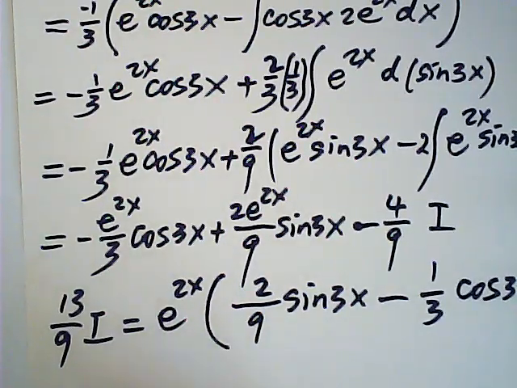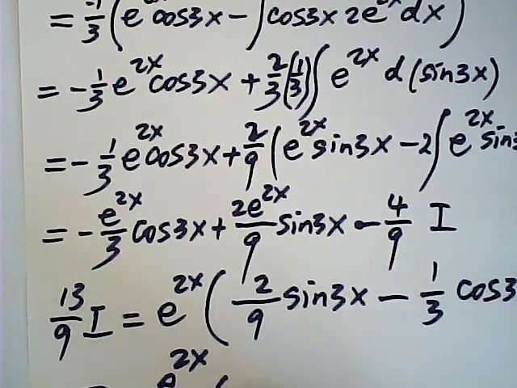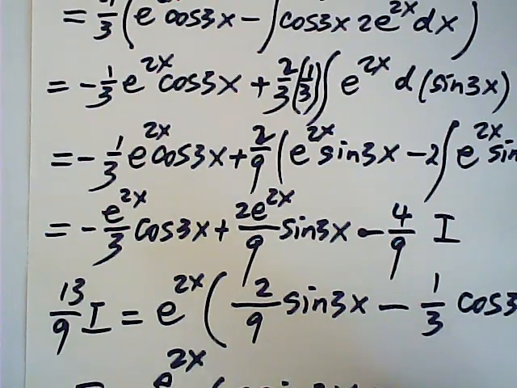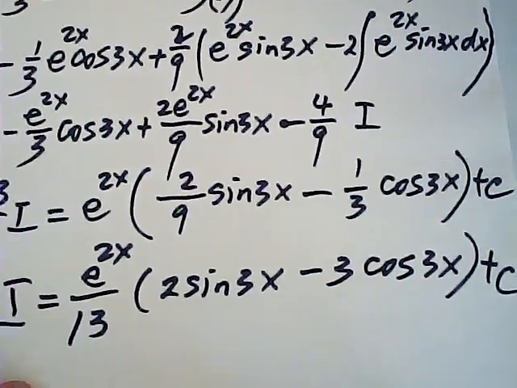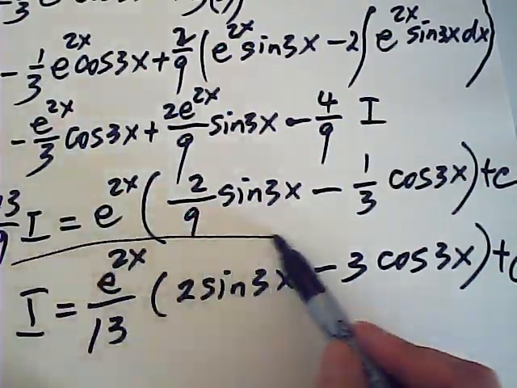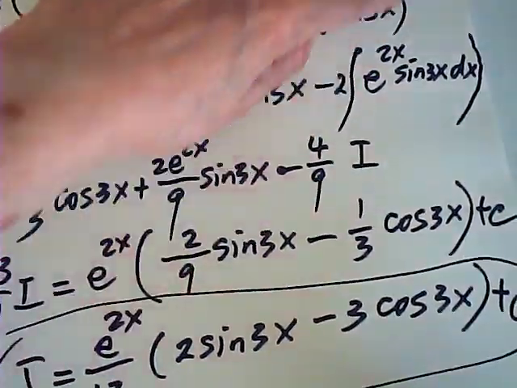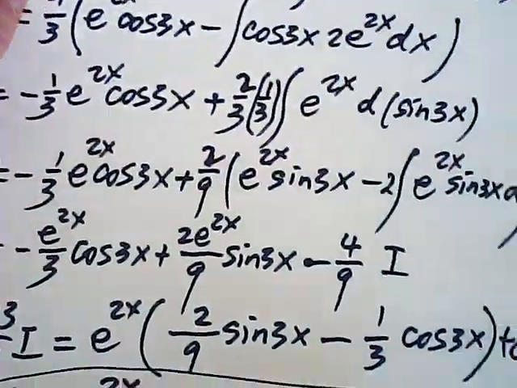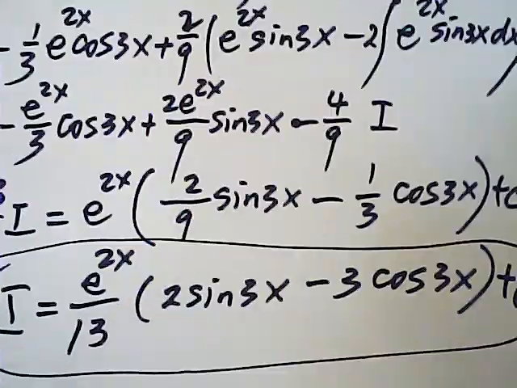Then I is equal to e to the 2x over 13 times 2 sine 3x minus 3 cosine 3x. Okay, that is the result of the integral. This first method is quite often used, by parts, right?